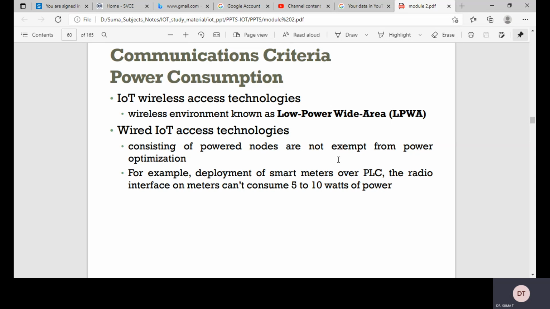Some communications within the ISM bands operate in the sub-gigahertz range. Sub-gigahertz bands are used by protocols such as IEEE 802.15.4 g and ah, and low power wide area technologies like LoRa and Sigfox.